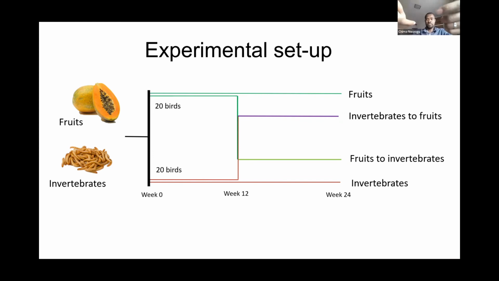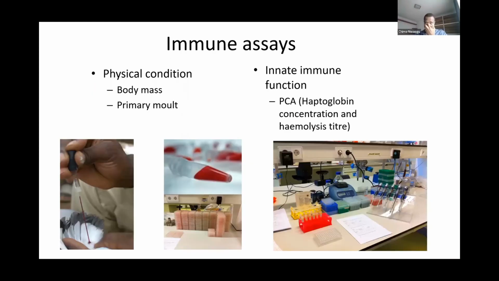And we returned them back into captivity. So we did the same measurements of immune function, and we checked whether birds were molting or not molting. So we had physical condition, which was like their mass, and whether they were molting, and then we combined the immune assays that we measured into a principal component.